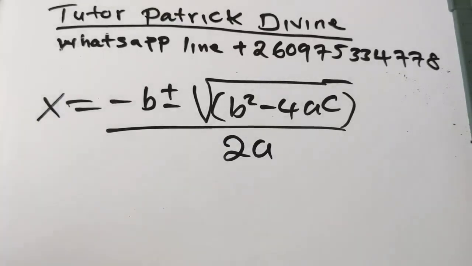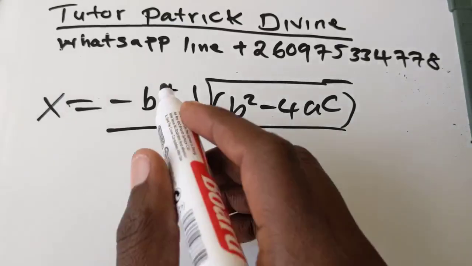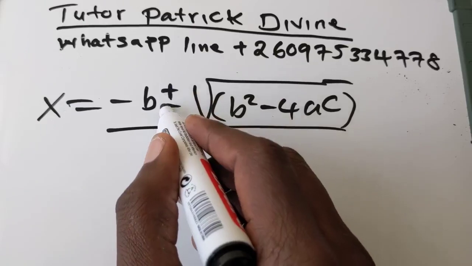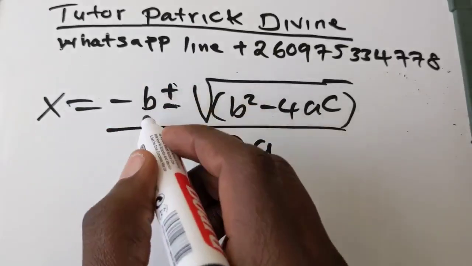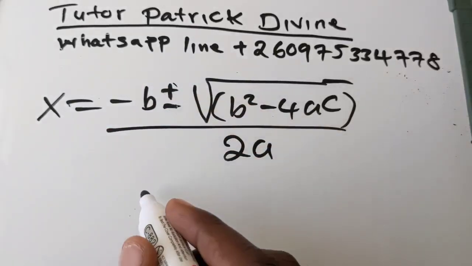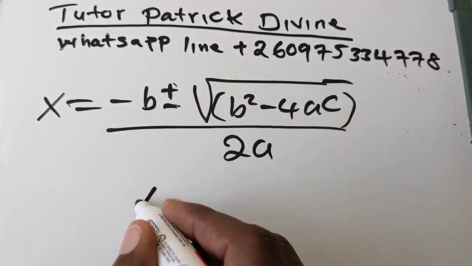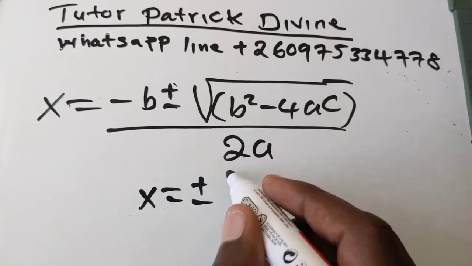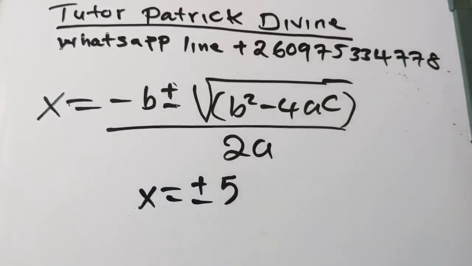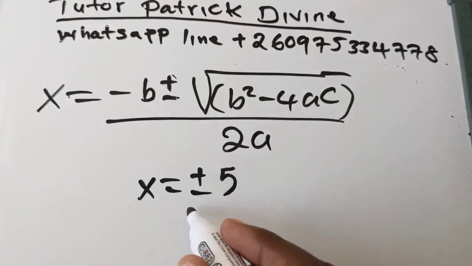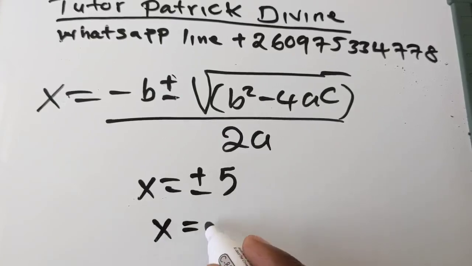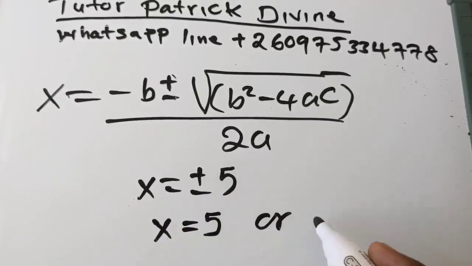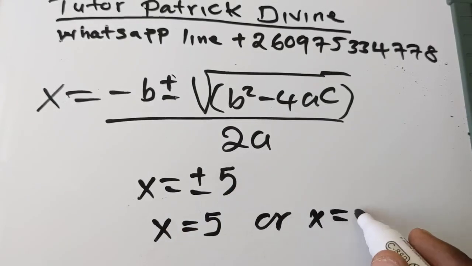Now the thing that you need to know here is that there are two answers, the positive and the negative. When something shows like this, let's say you have the answers x is equal to positive or negative 5, it means there are two answers: x is positive 5, or x is negative 5.